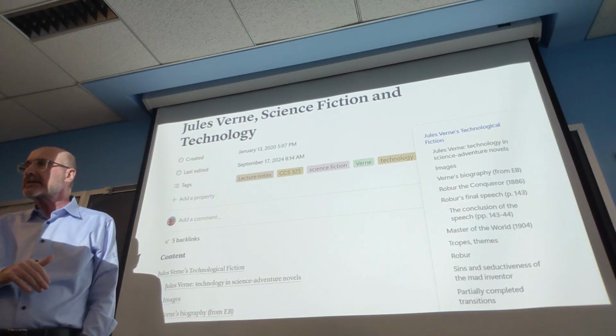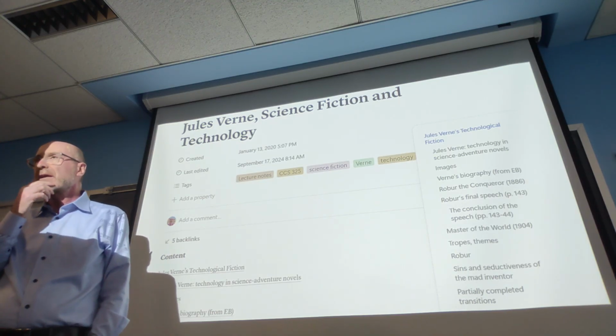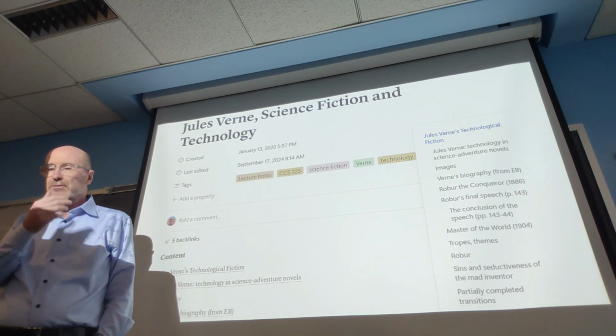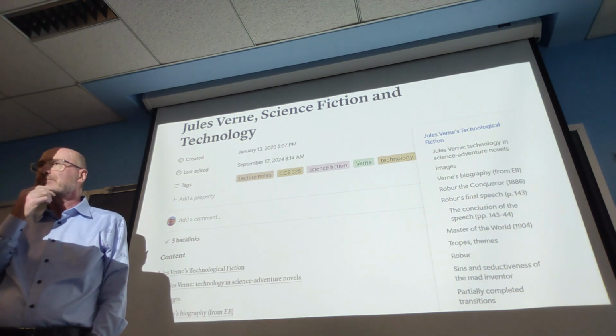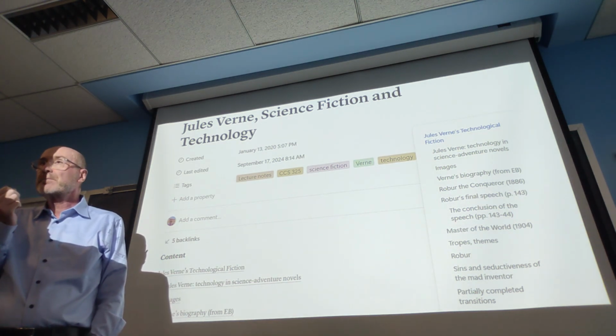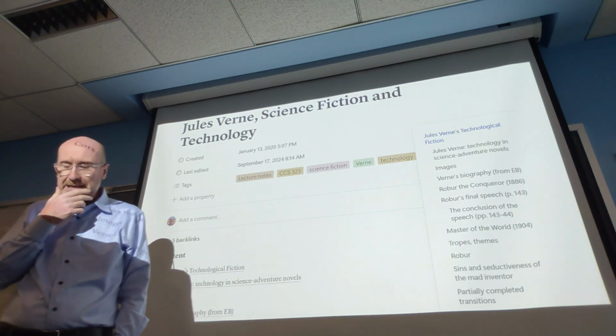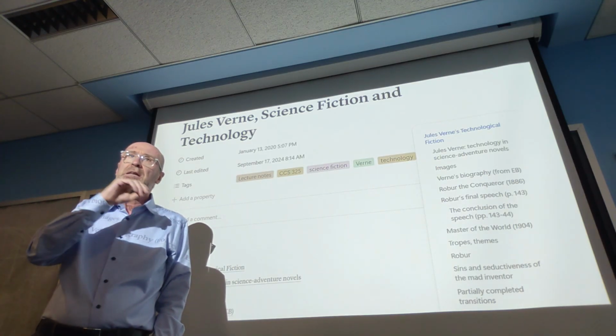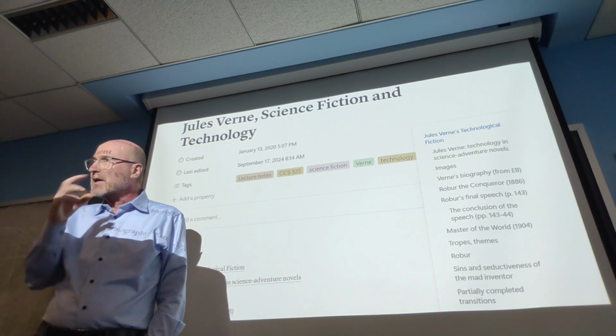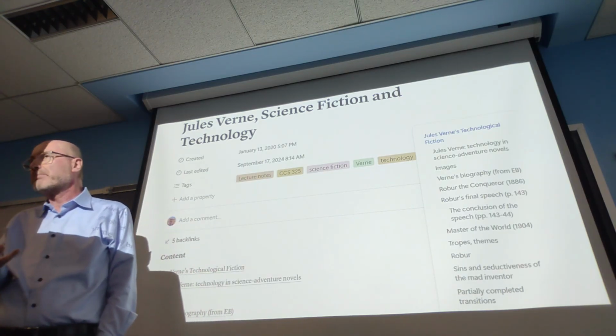He died in 1905. One of the novels, the novel that we'll be reading and discussing, because it has a vehicle, was in fact his last book, the last book he published that was written entirely by him.